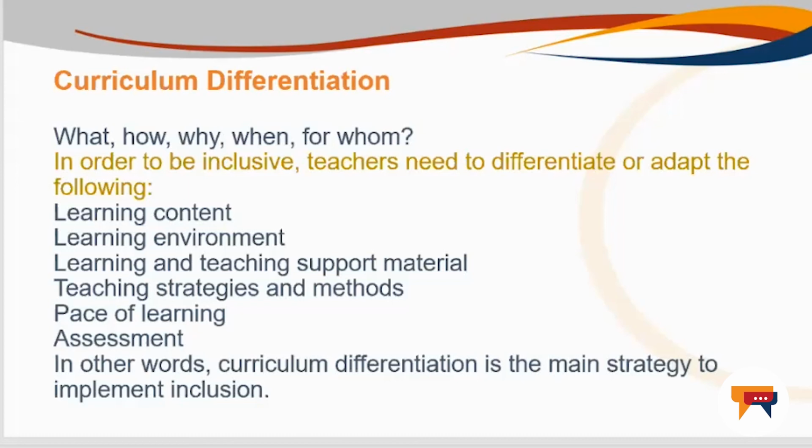So I want you to really understand that curriculum differentiation is the main strategy to implement inclusive education. If you are not adapting or differentiating the curriculum, you cannot expect to be successful at inclusion. It's as simple as that.